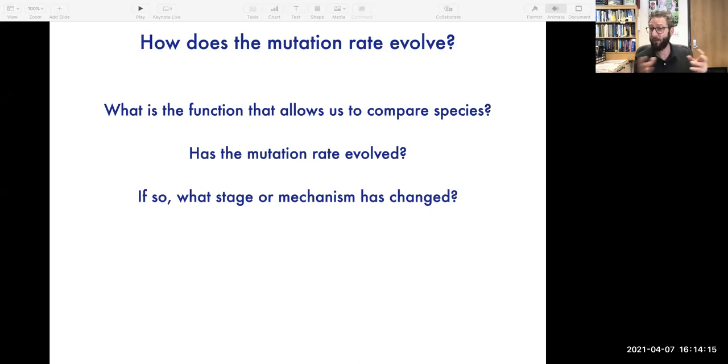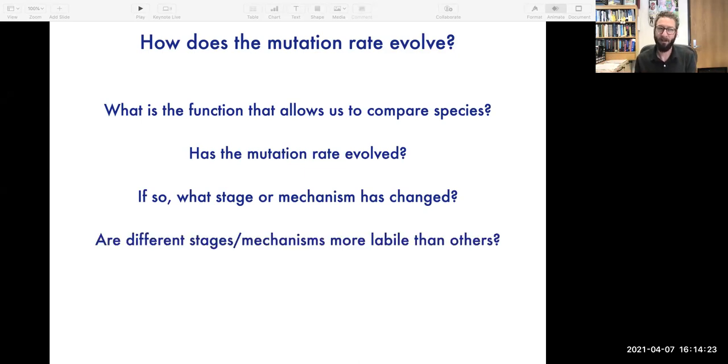Is it increased number of cell divisions? Is it the proteins that are involved in proofreading? Is it something else, the environments they live in? Are different stages or different mechanisms more labile than others? If we can look at evolution along a bunch of different lineages, which of those change, et cetera. So lots of questions about the mutation rate that we can ask, and they all start with figuring out this function that allows us to compare species.